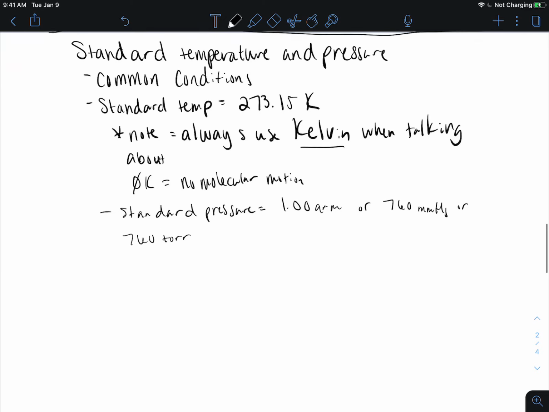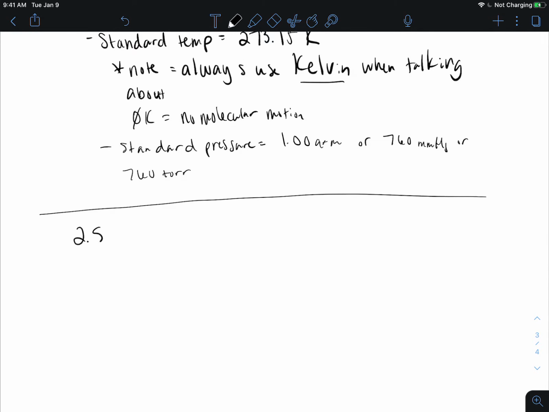Okay, so let's try an example. We have 2.50 liters of a gas at some pressure. At standard pressure, it has a volume of 8.00 liters. We want to know what this pressure is. We can see here, we've got just pressure and volume. We assume that the rest of it is staying constant.